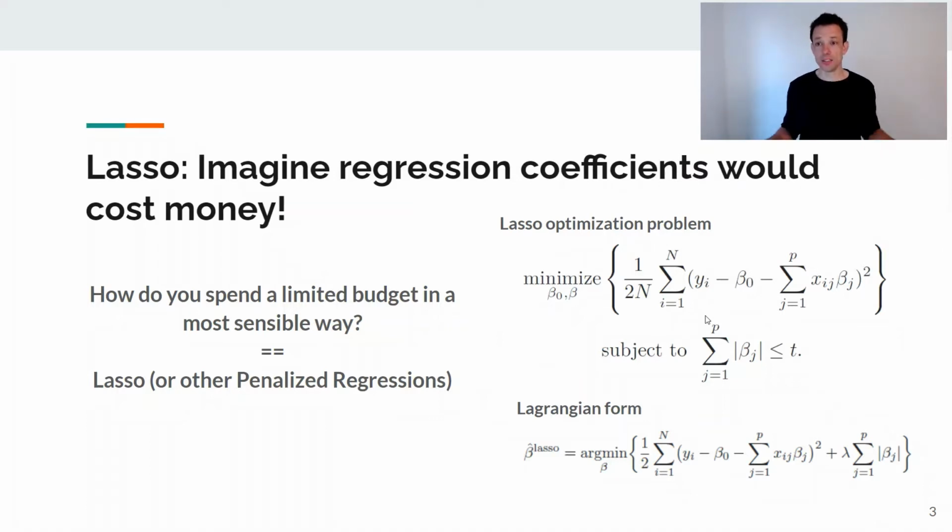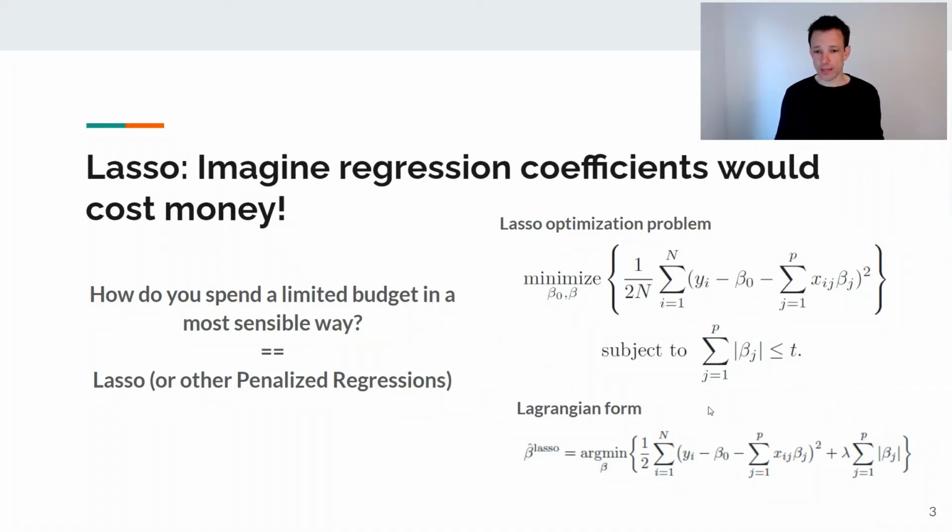So, and that is new. So far you could choose the betas in whatever way you want. In LASSO you can only choose them in such a way that the sum of absolute values is smaller than a predefined budget t. You can also formulate this in Lagrangian form, as you might know from your microeconomics class.